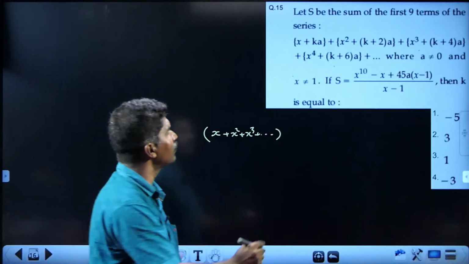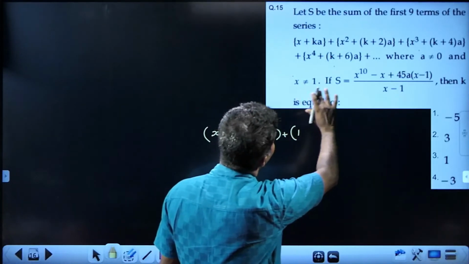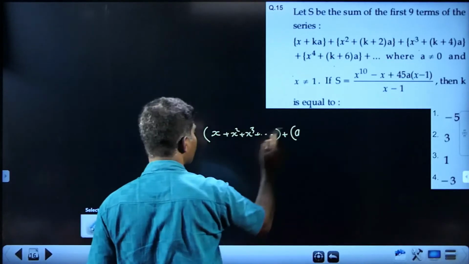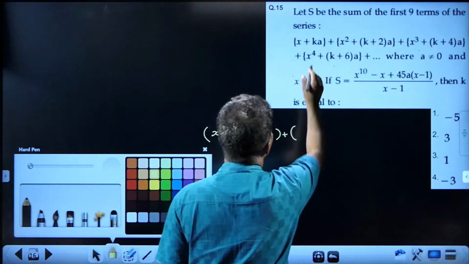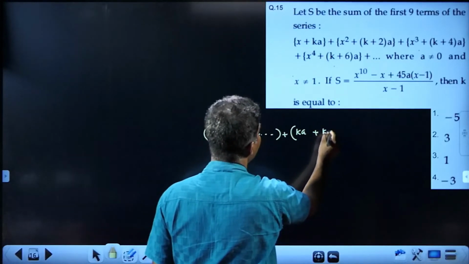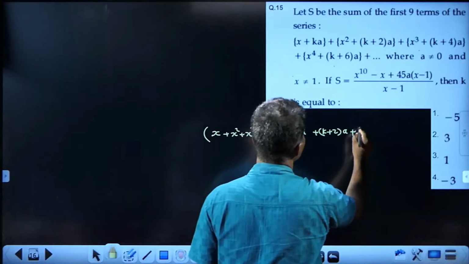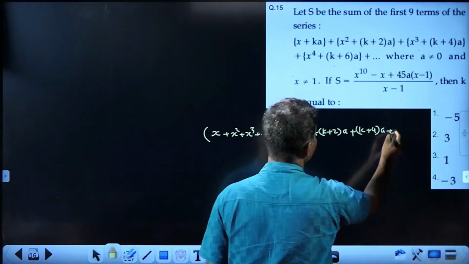Collect the second terms, what you'll get? Plus k. In the second term, you can see that a is common. You just write the second terms: ka plus k plus 2 into a plus k plus 4 into a plus etc. How many terms?